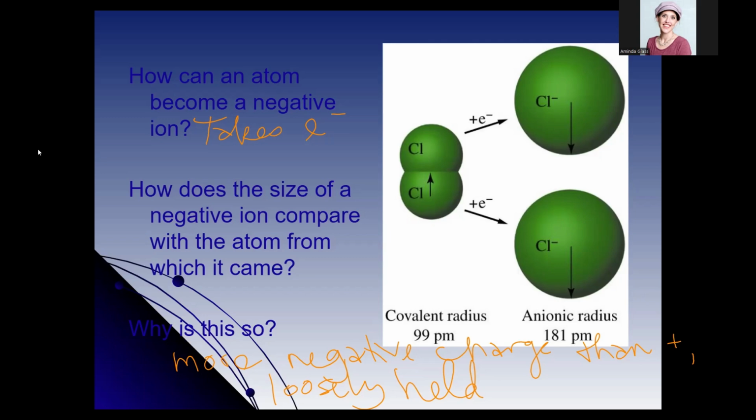That slight imbalance is going to cause those electrons to be more loosely held. If they're more loosely held, they're going to have more space. So the size of an anion is larger than the neutral atom because that ion has more electrons than it does protons.